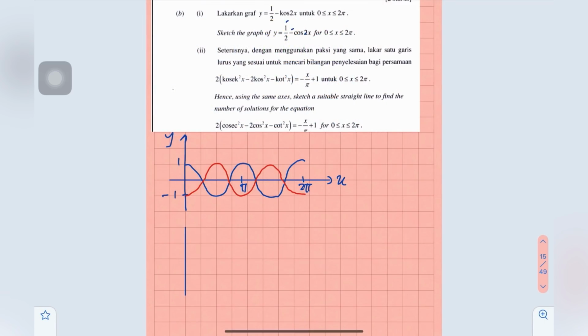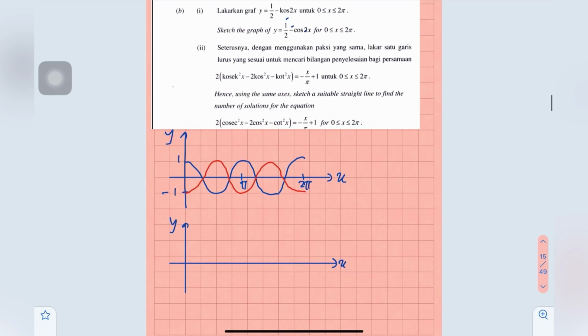Okay, so naikkan setengah. So akan dapat macam ni. Okay, so ni 2 pi. Ni pi, ni negatif 1/2. So, ni akan jadi 3/2. Okay. So, inilah graf dia.